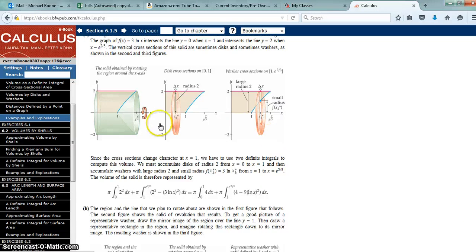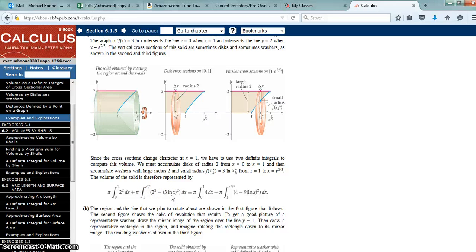Here's an example that I had in the book where basically we just had a cylinder up into this point, and then we had washers. And so that's what they did. They broke it up into two different pieces. It's a pi r squared up until 1, but from 1 to this e to the 2/3, we have the larger radius squared minus the smaller radius squared.